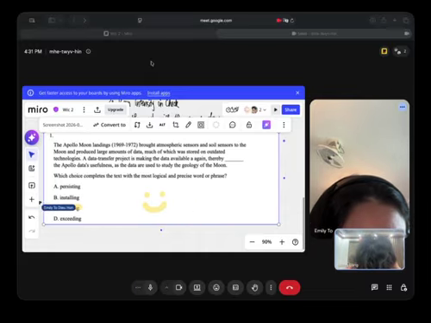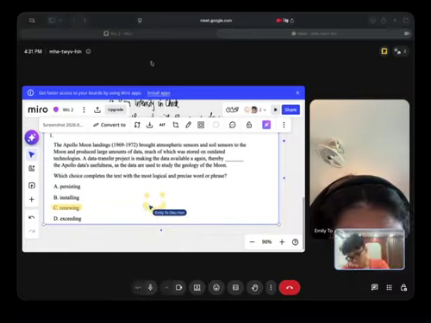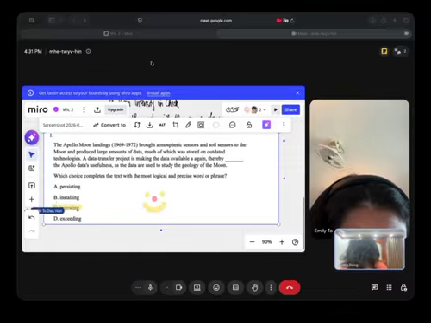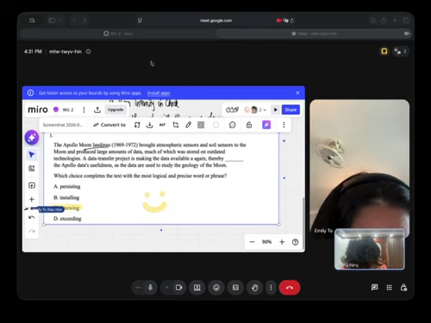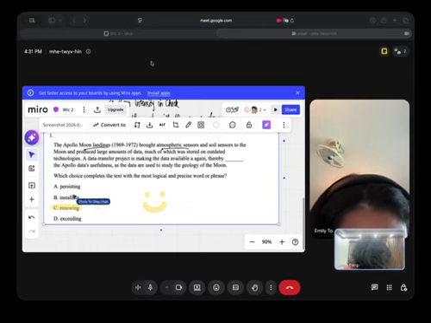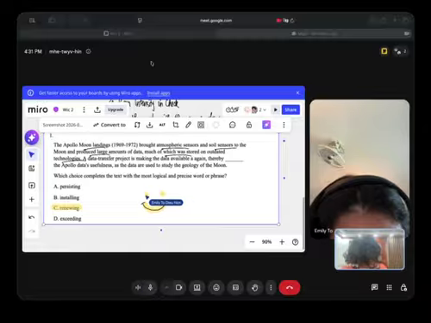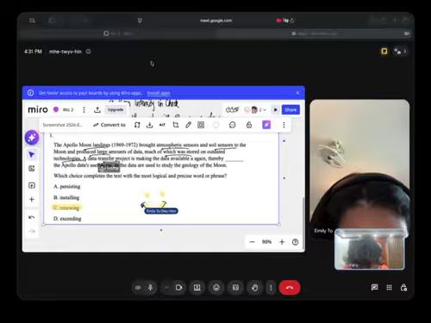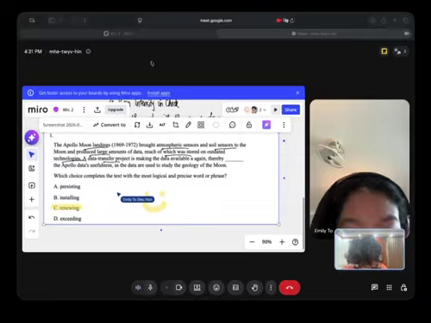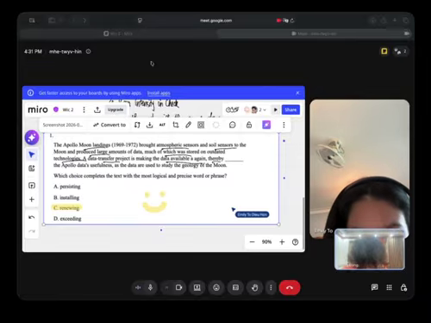Okay. So Apollo landings here brought atmospheric sensors and soil sensors to the moon and produced large amounts of data, much of which was stored on outdated technologies. Data transfer project is making the data available again, thereby. So we look at the signal here.